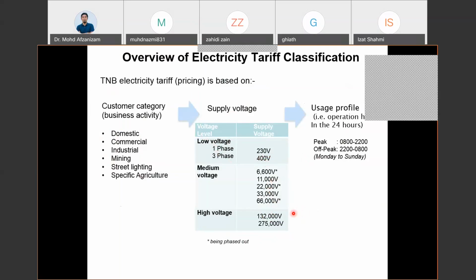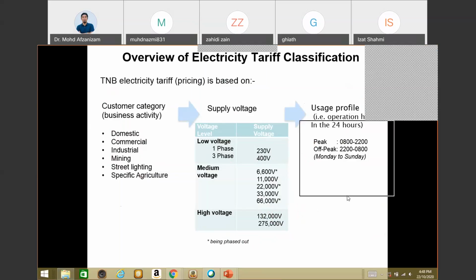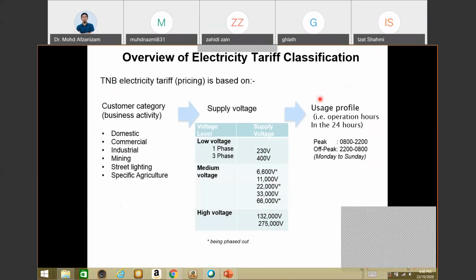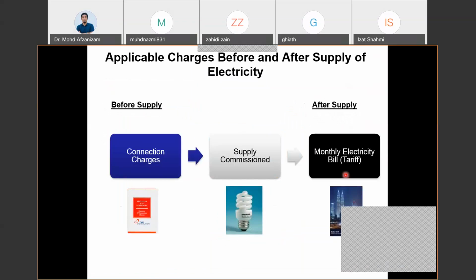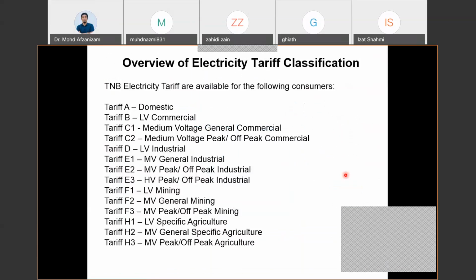Finally, as a receipt of payment, we issue bills. Operation hours are 24 hours, weekends free. So this is the detail of the TNB electricity tariff.